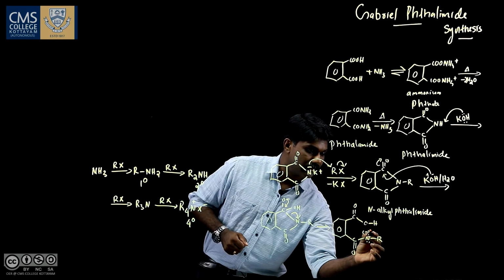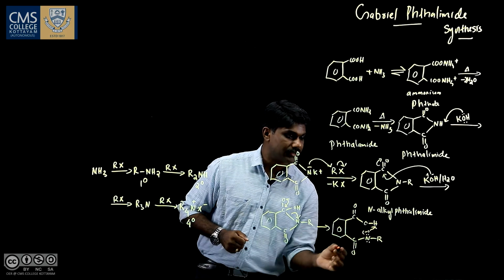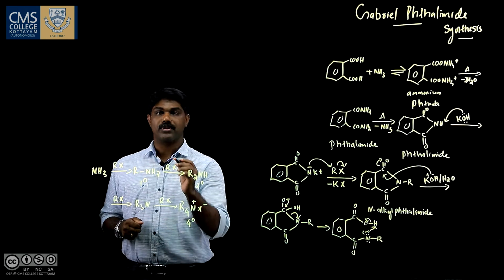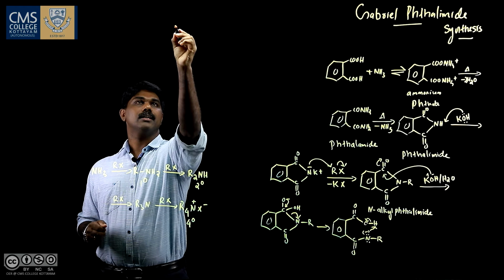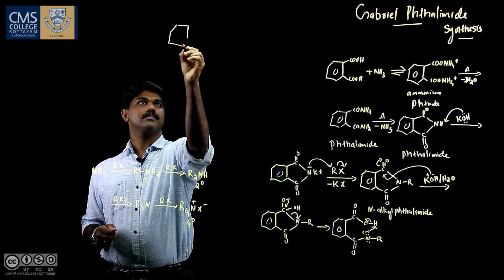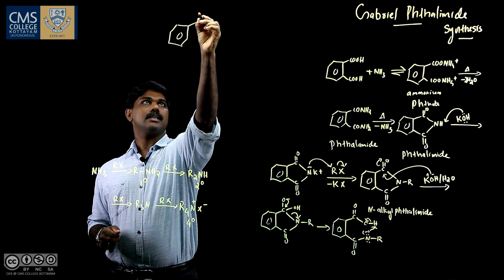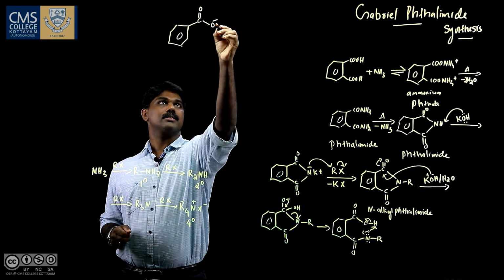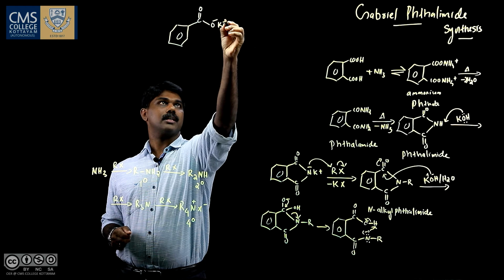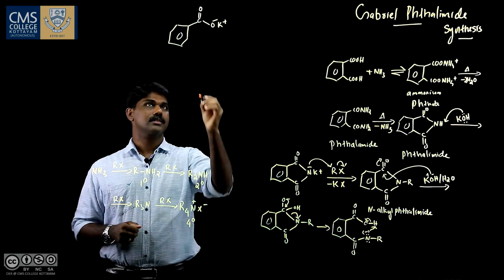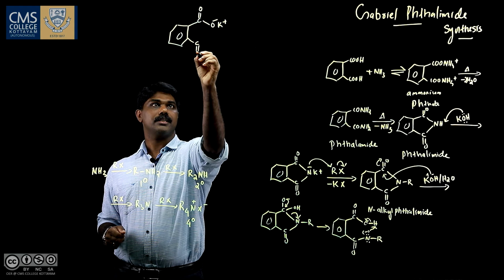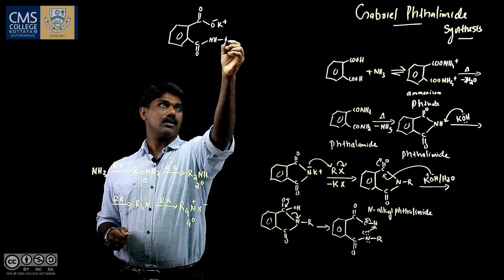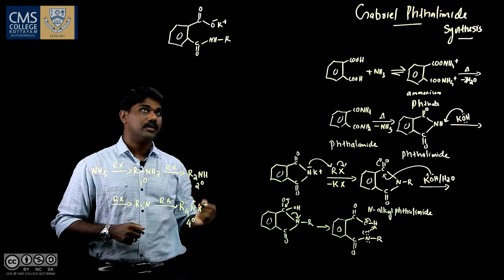This negative charge abstracts one proton from OH, and we get C double bond O minus. The K plus ion gets attached to O minus, and here we have C double bond O, N, H, followed by the R group.